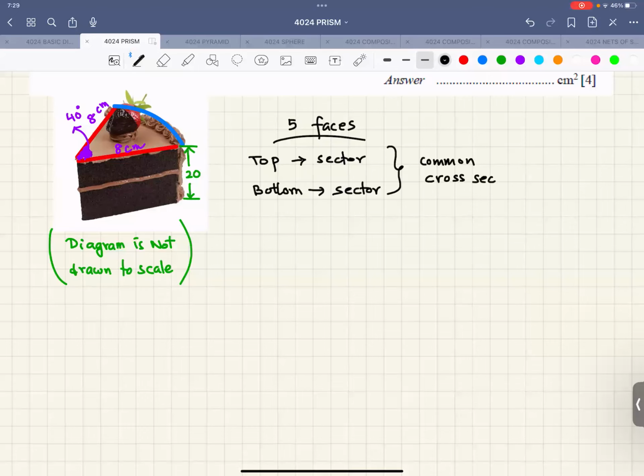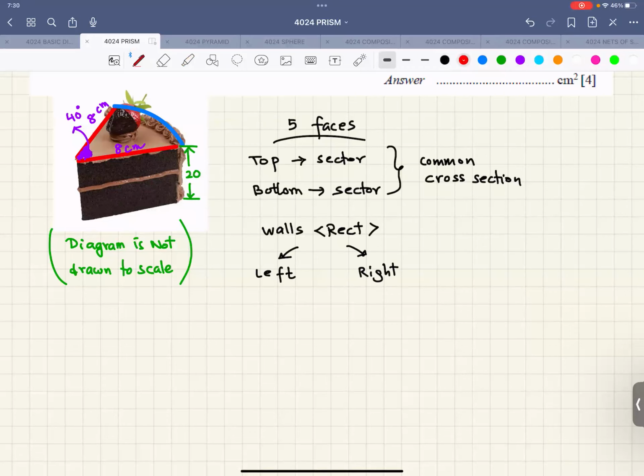Let me first write it down. Then there are 2 walls, rectangular walls. One wall, let's call it left, and let's call it right. And then what do we have? We have this thing, which I've drawn over here. Let me draw it again.